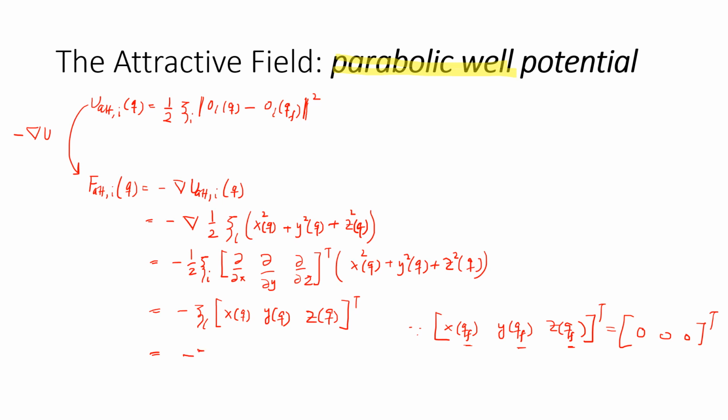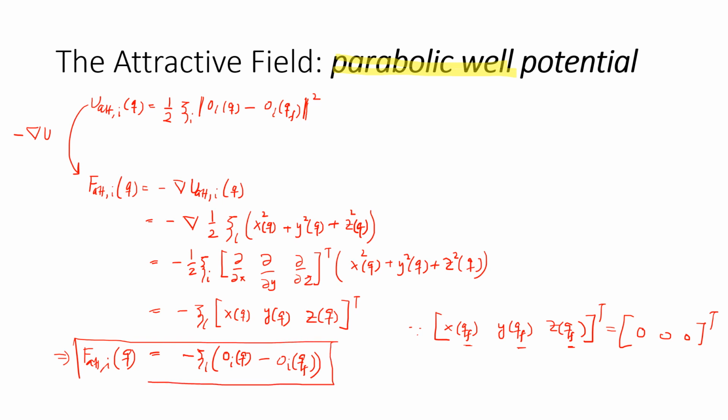This is going to be minus zeta i times Oi at the current configuration minus Oi at the final configuration. So now this is going to be your attractive force acting on the ith joint for the current configuration Q.